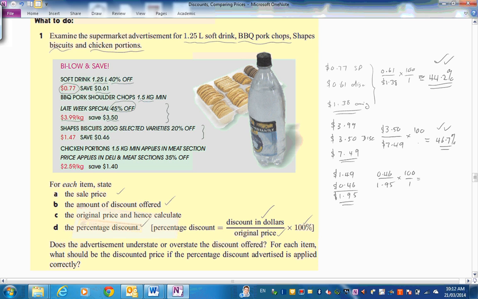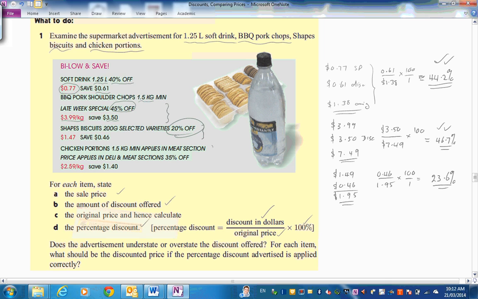We're checking their claimed discount now. Divided by $1.95 and times 100 is 23.6% discount. Very good. They've only advertised 20% over here.